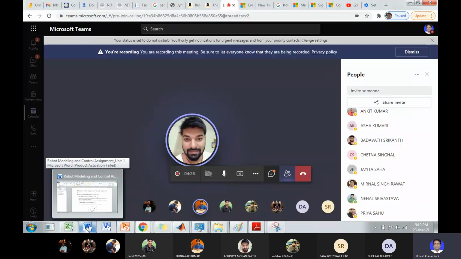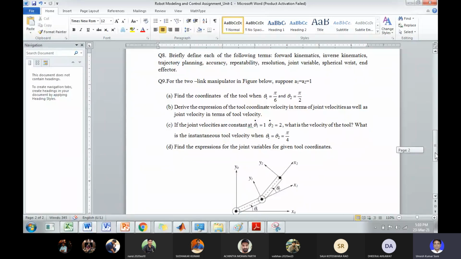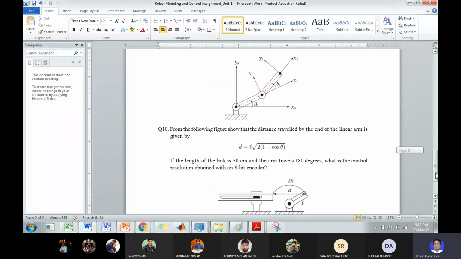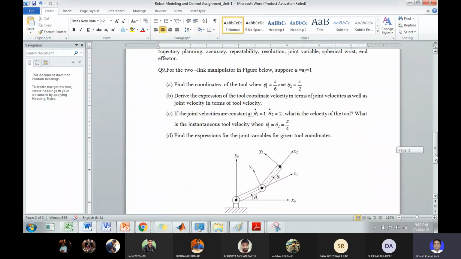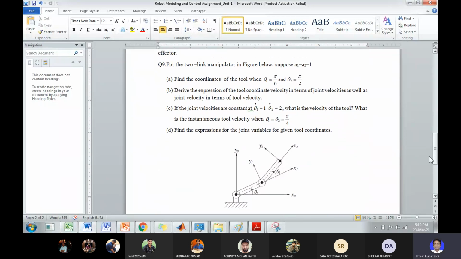Okay, so this is question 8, 9 and 10 of the assignment. So today you have to work on question 9. As a part of today's lecture you have to work on question 9, how you will proceed.